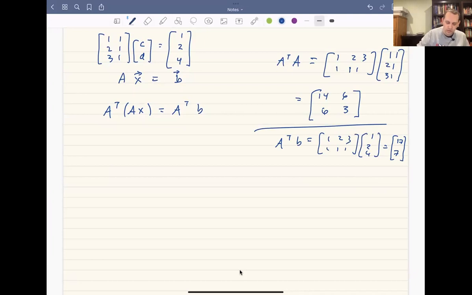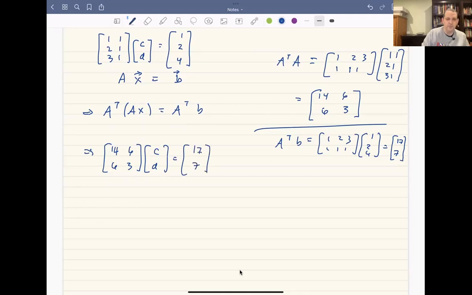So to get the least squares approximation, we're going to look at solving the matrix (14, 6; 6, 3) times our X, or (C, D), equals A transpose times B, which is (17, 7).